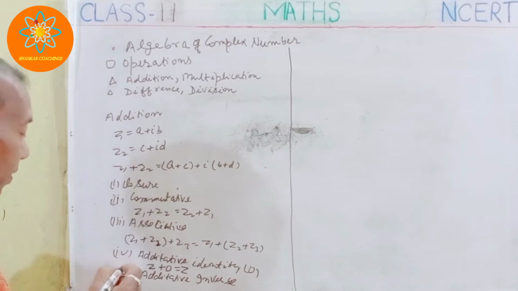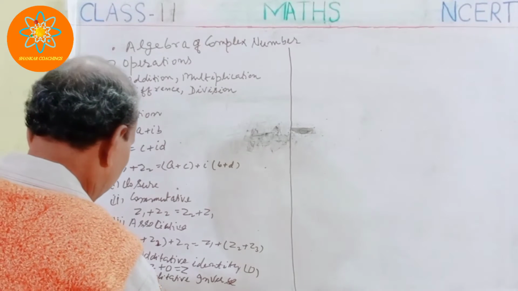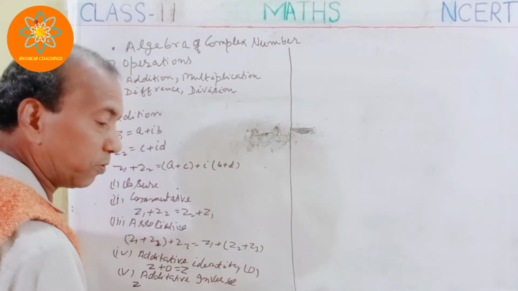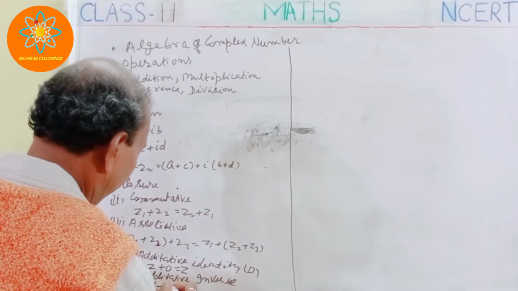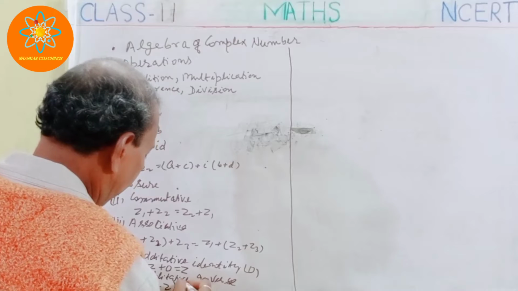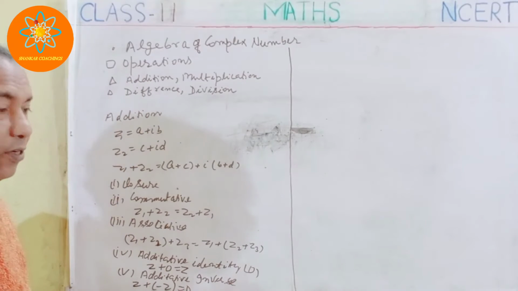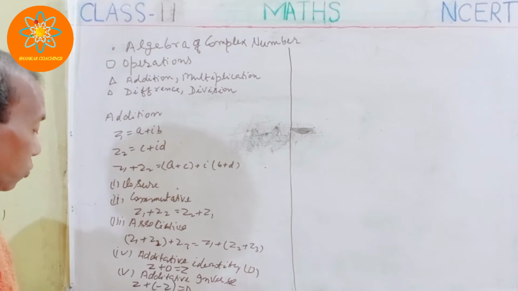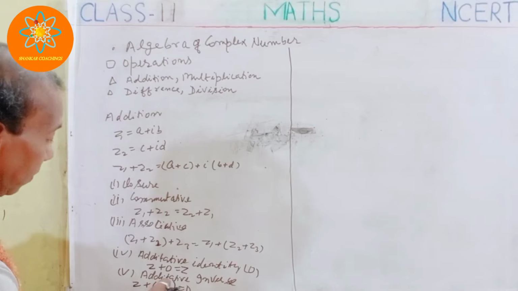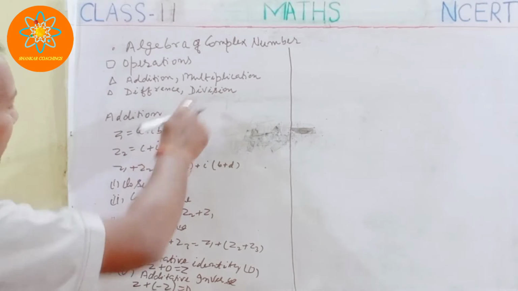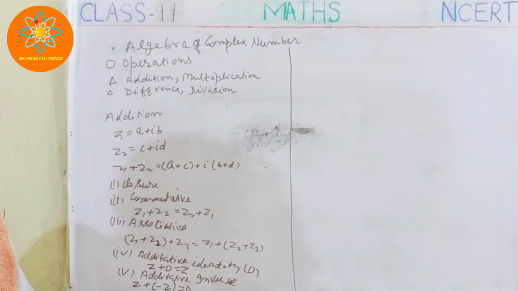So if z is a complex number and I add minus z here, I will get 0, the additive identity. So minus z is called the additive inverse. Okay, now the next one is multiplication, after addition.